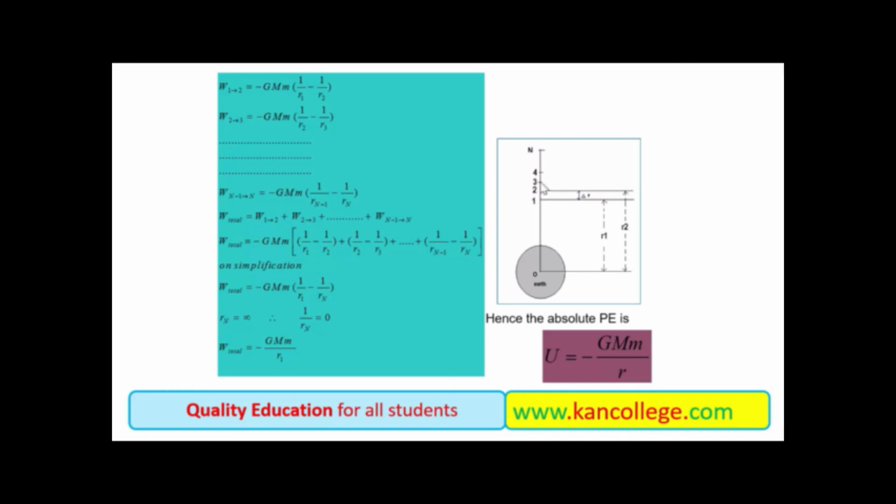If we want to calculate the absolute potential at any point, we will place the distance of that point from the center of Earth over here, and the result will be known as absolute gravitational potential energy.